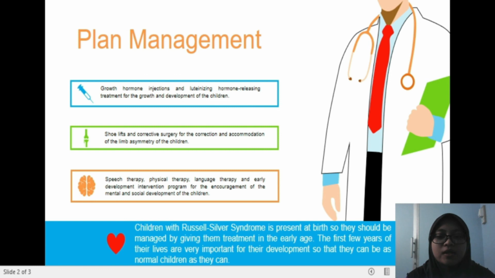These treatments can help them to speak normally like other children of the same age. This plan management is very important so that they will not feel separated from other children and they can live a normal life.